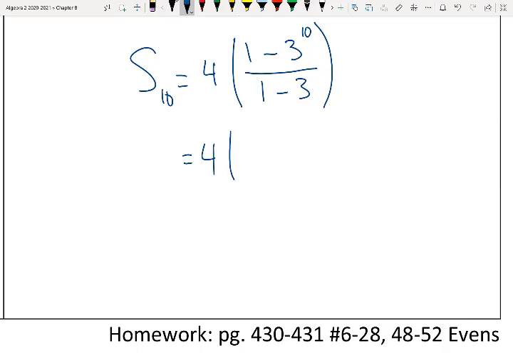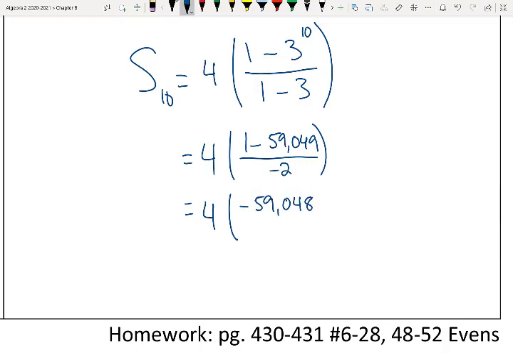So 4 times 1 minus 3 to the 10th is 59,049, all over -2, because that's 1 minus 3. So we've got 4 times -59,048 over -2.